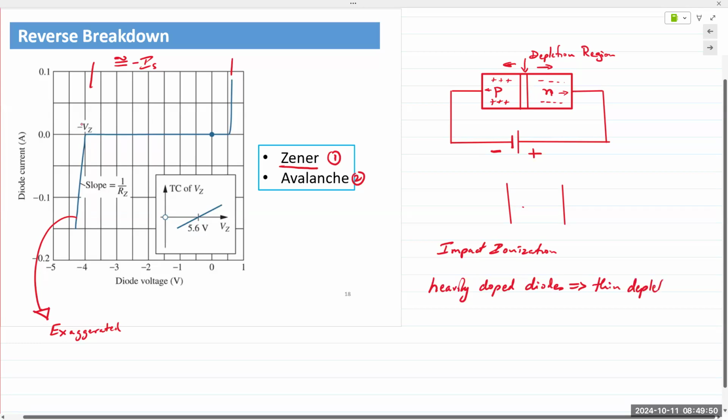And because of the very thin depletion region width, the charge carriers are able to cross over in the reverse direction.